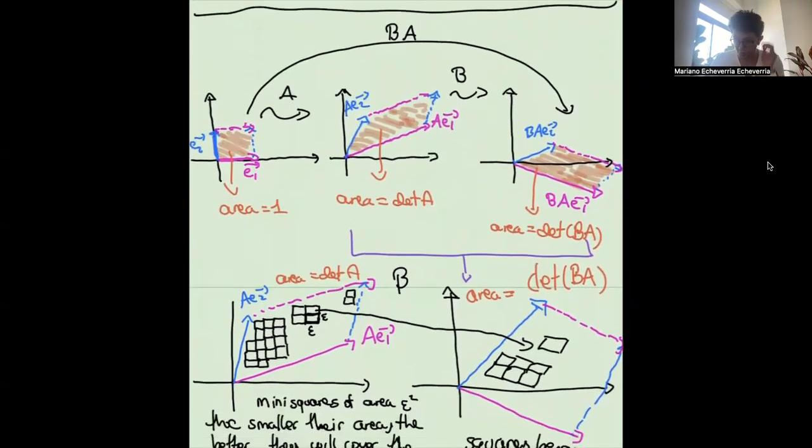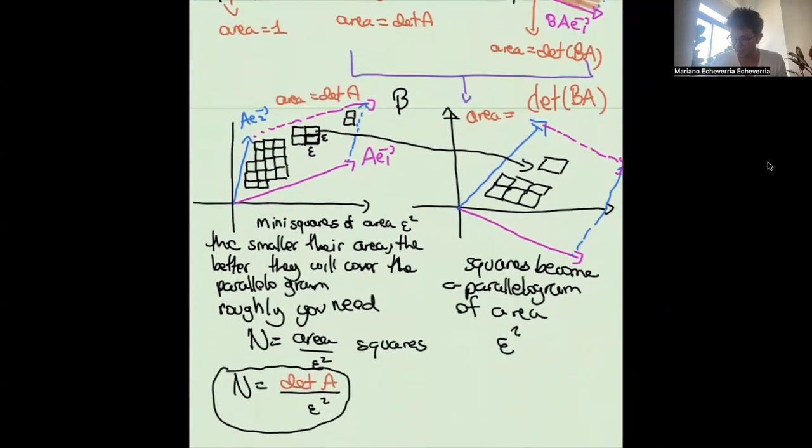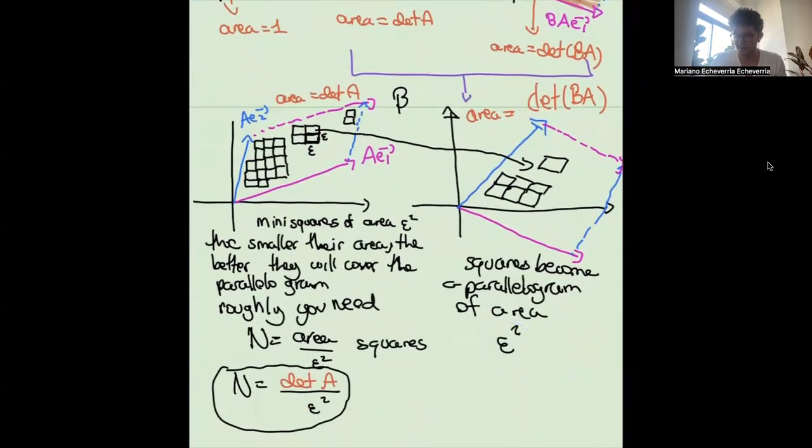Going from here to here, you multiply by the determinant because you started with something of area 1. But here, because the area is epsilon squared, the new area is epsilon squared times the determinant of B. Okay? So each of these has area epsilon squared determinant of B.